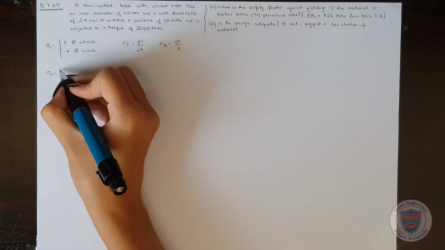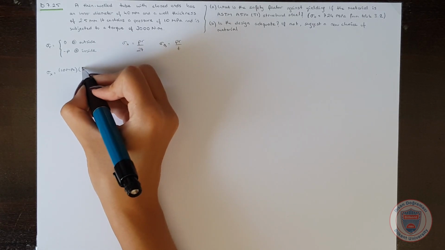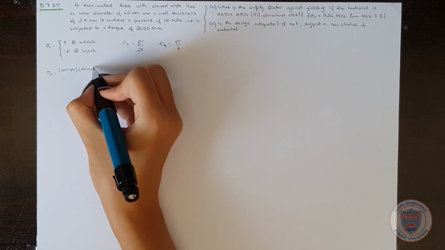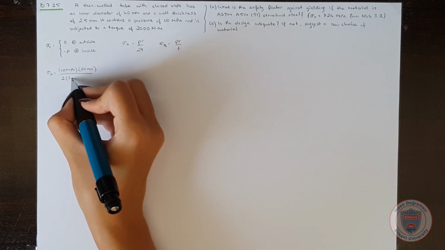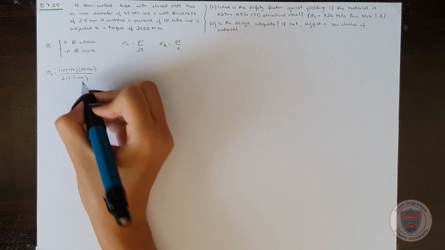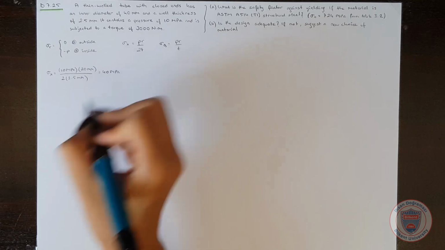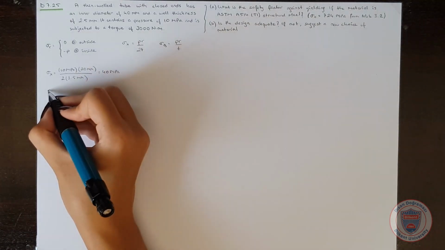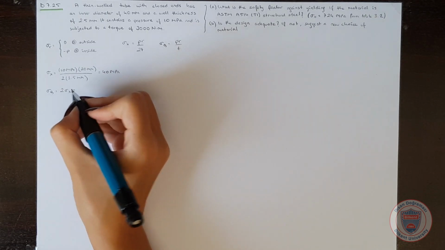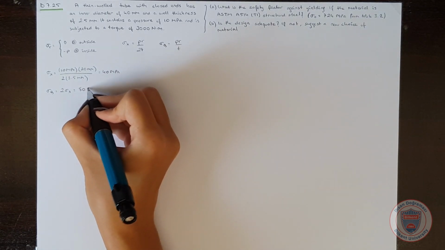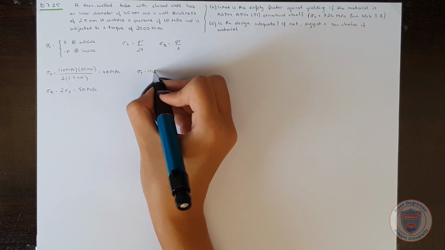Sigma X will be equal to 10 MPa times 20 millimeters over 2 times 2.5 millimeters, which is 40 MPa, and sigma theta will be 2 times sigma X, and it is 80 MPa, and finally sigma R will be minus 10 MPa.